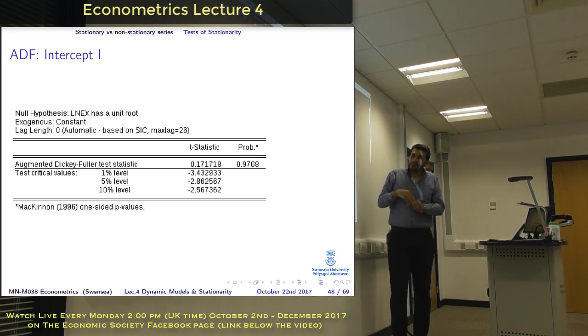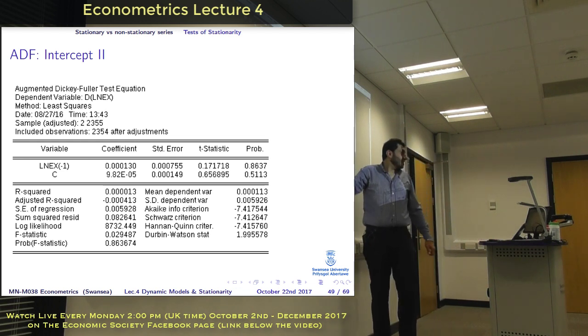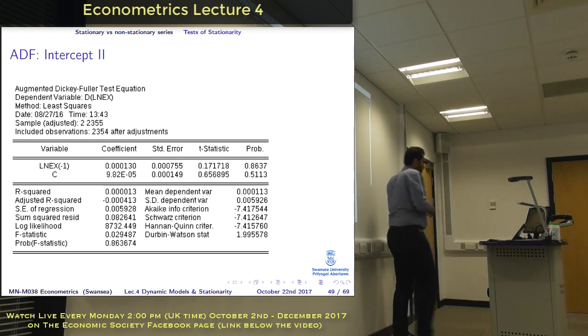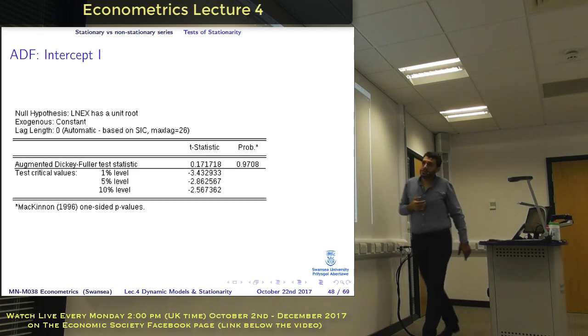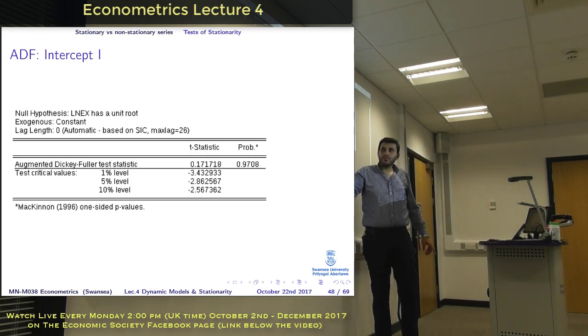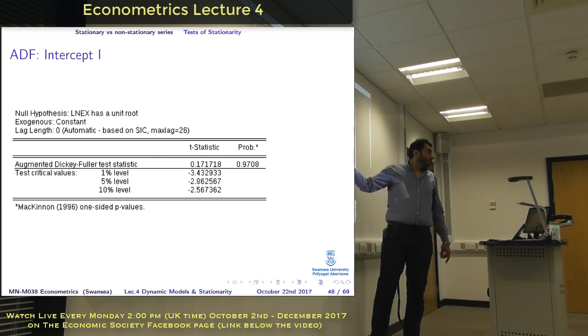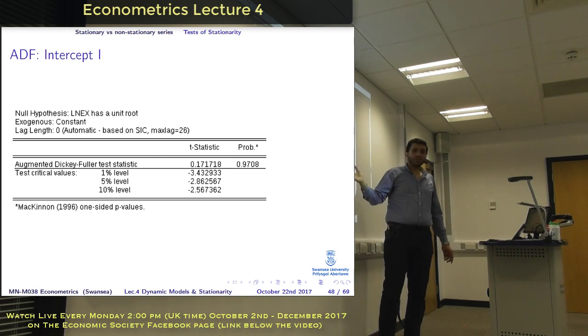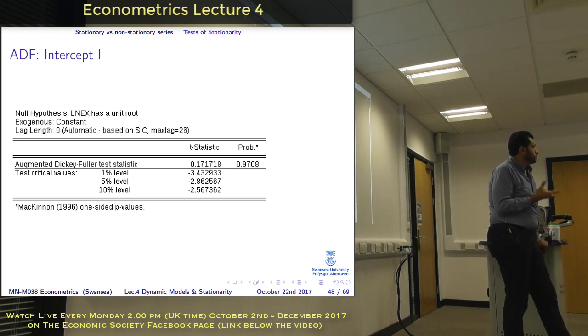Because we can't look at the t table or t critical values, EViews provides the values that you need to look at. So we have the t statistic here, and these are the critical values, the ADF critical values. But again, you could just look at the probability value associated with this to make a decision. So given that we have the p value, that means we fail to reject, or we reject the null hypothesis.